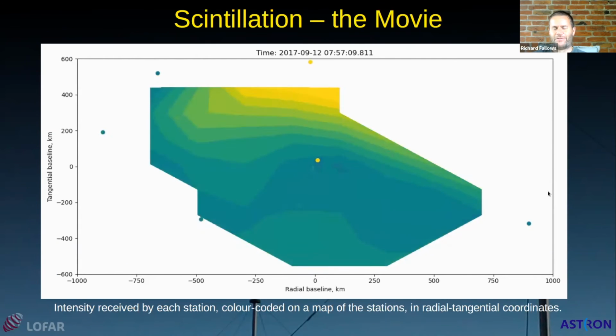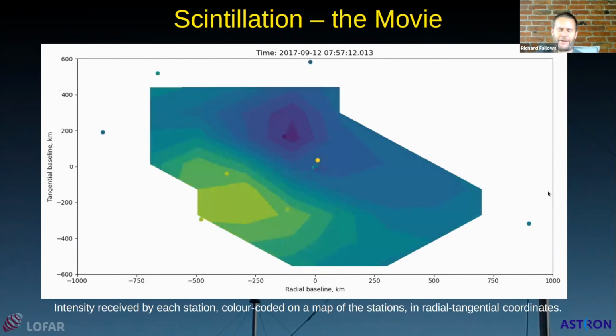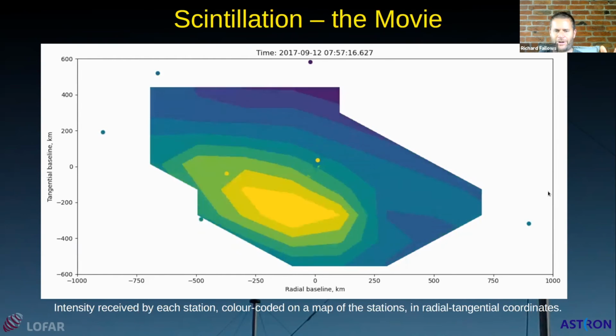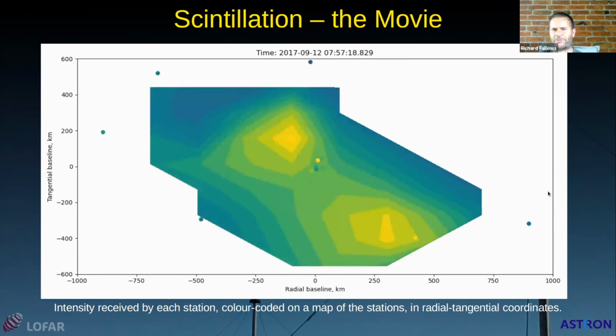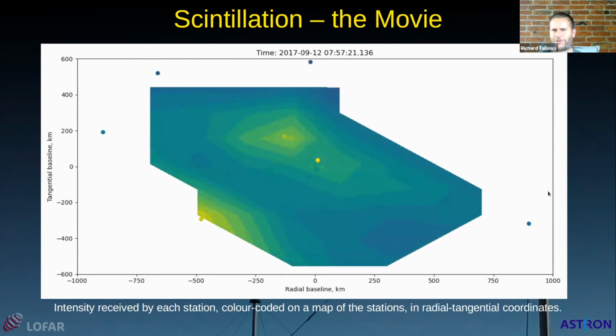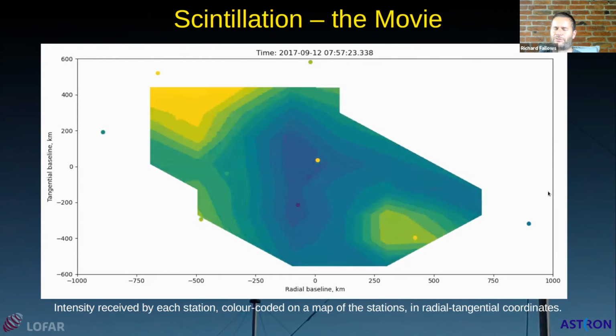So yeah, if there's a strong solar flare and the sun is visible in a side lobe, then our data are corrupted quite significantly by the solar flare itself.